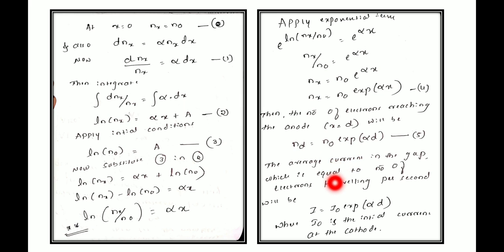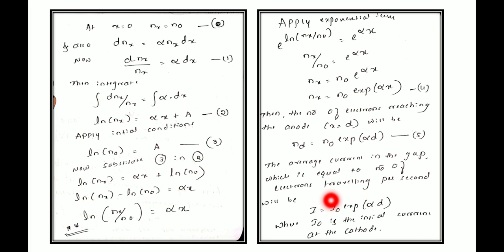So how will we write the current equation then? Current I is equal to I naught exponential of alpha into d here. Instead of the number of electrons in the equation, I have taken the current, and instead of the initial number of electrons, I have taken the initial current, I naught, and the exponential of alpha into d is written as it is.